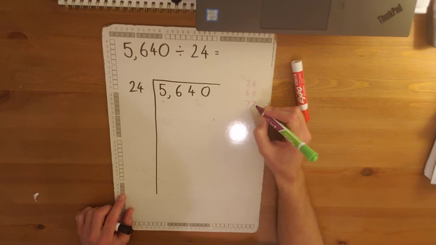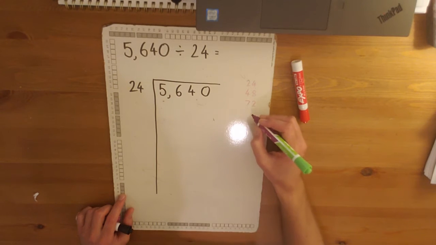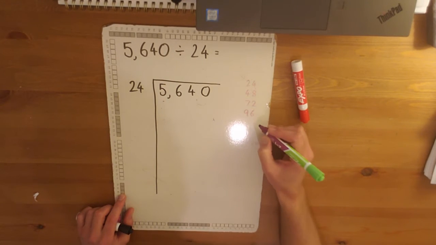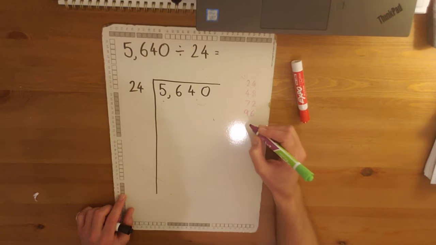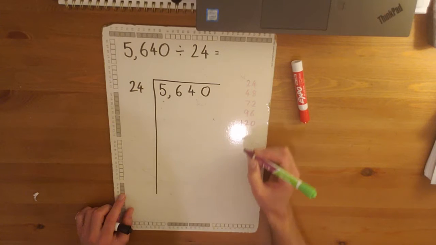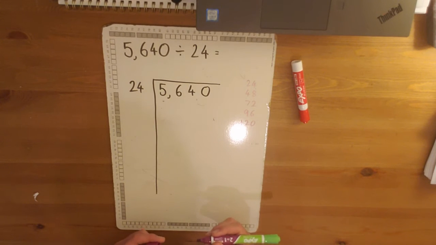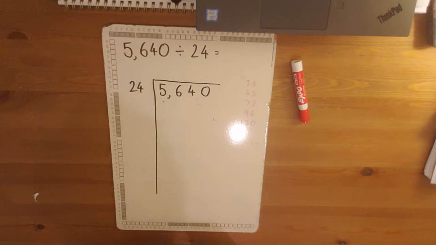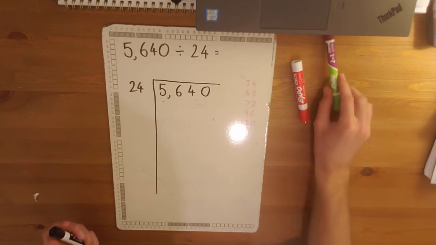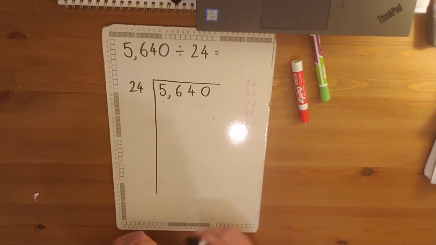So I know that's 3 lots of 24, and 96 is going to be the next amount. And then 120 would be 5 lots, etc. You can keep going. That might be one way to do it, but that's really just a tip that I personally like to do. You don't absolutely have to, especially if your mental multiplication skills are really strong.